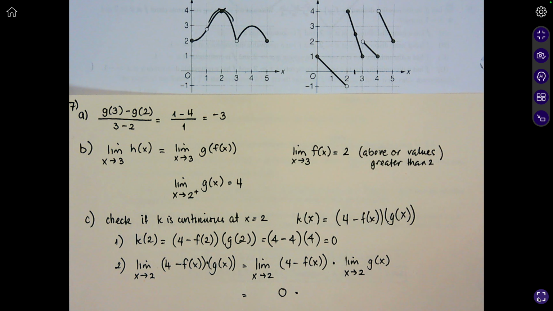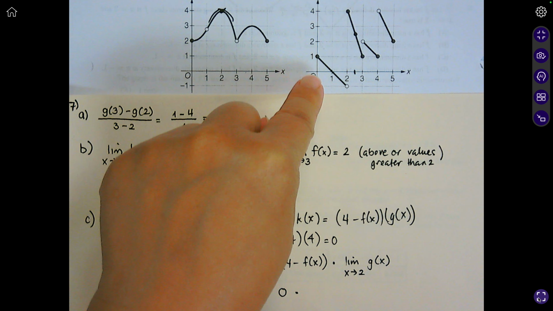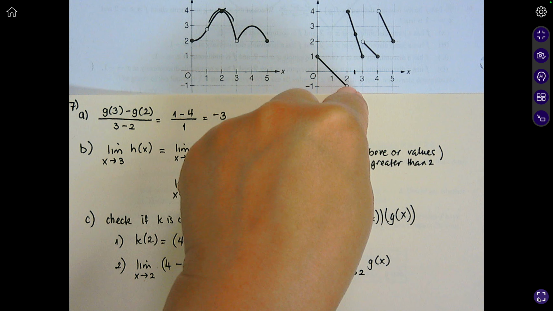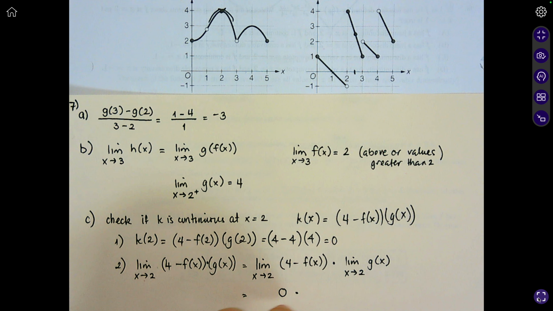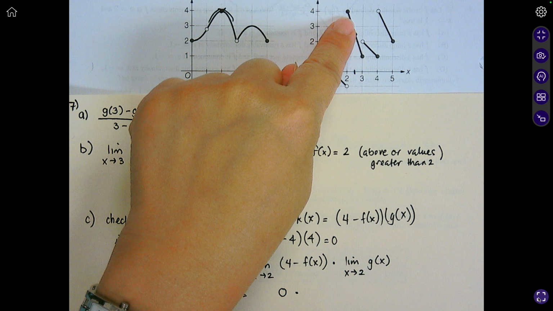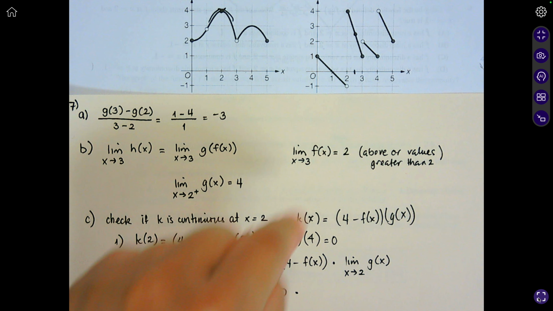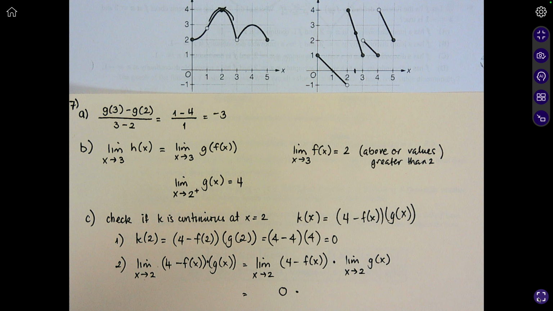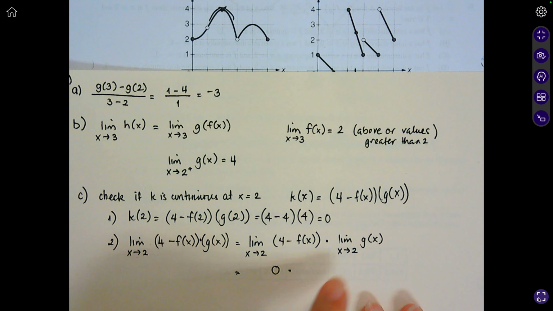However, because you multiply by 0, if you take the limit from the left, approaching -1, and times 0, you get 0. If you take the limit from the right of 2, approaching 4, and times 0, you still get 0. Do you guys see that?